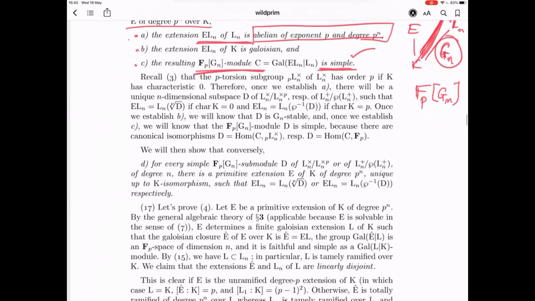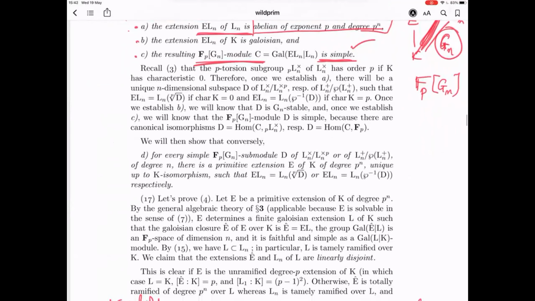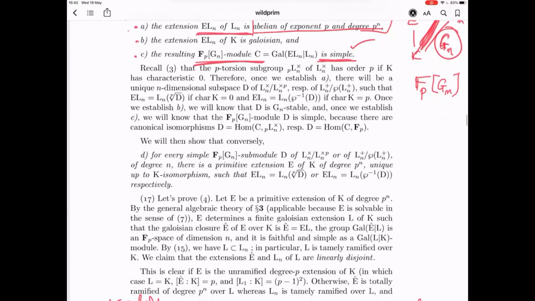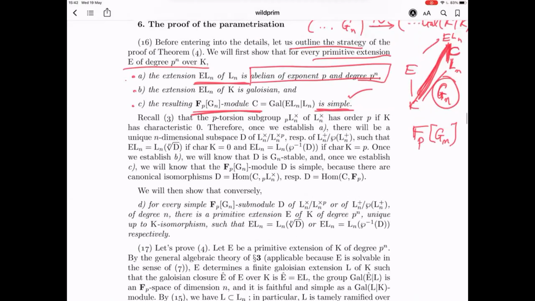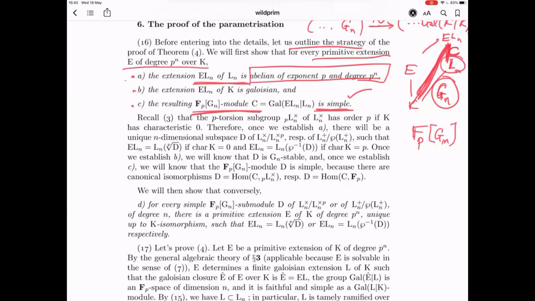So once you have established these three things, then what will happen? First of all, this Ln, if we are in characteristic 0, then it contains a primitive pth root of unity.